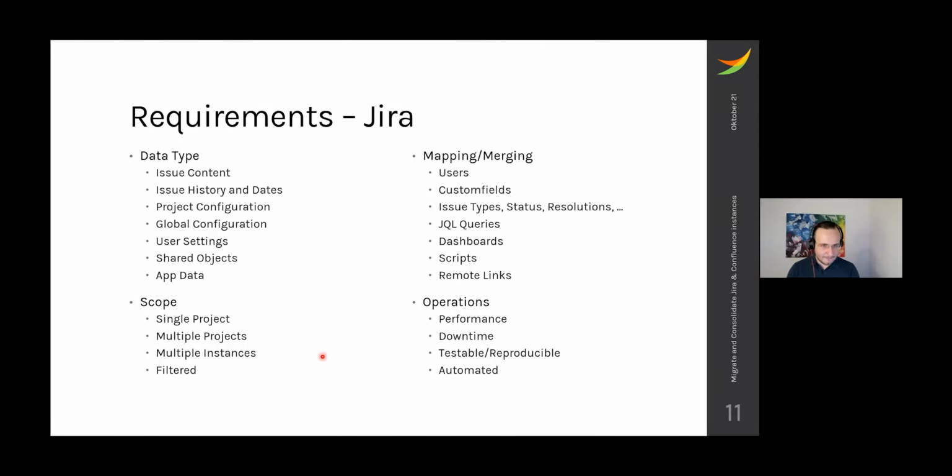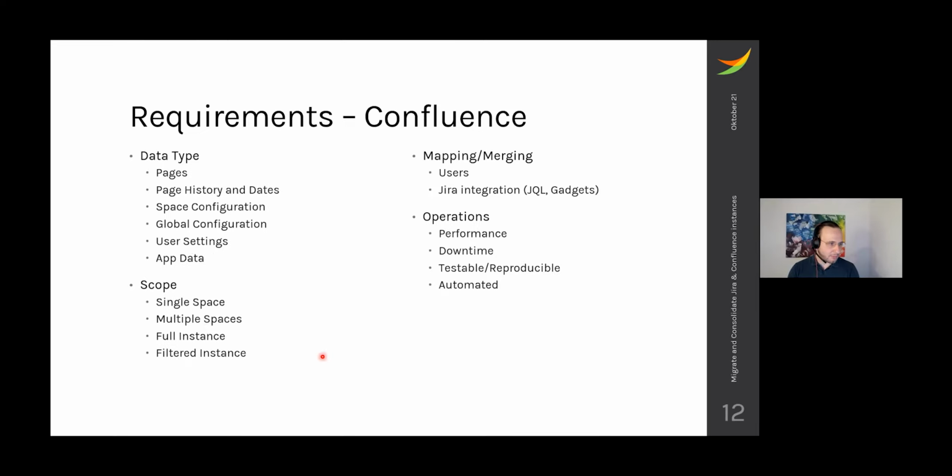Good. Let's start. No, we have Confluence requirements first. Most of the stuff is the same, but instead of issues, we have pages. We have page histories. We have space configuration, global configuration, user settings, and app data, which is basically the same. Then we have single space, multiple spaces, full instance, filtered instance. It's the same.